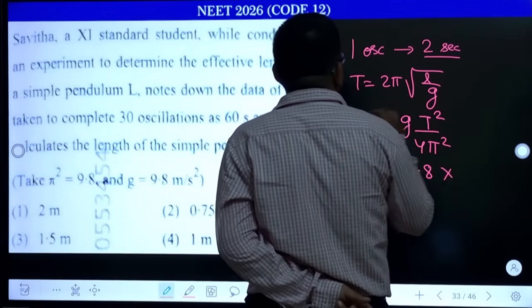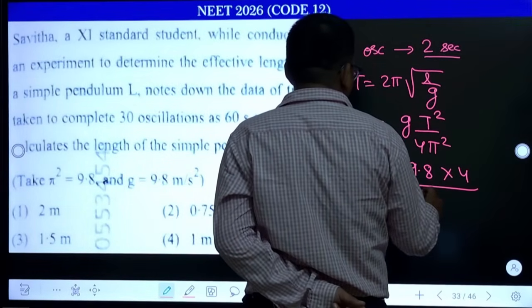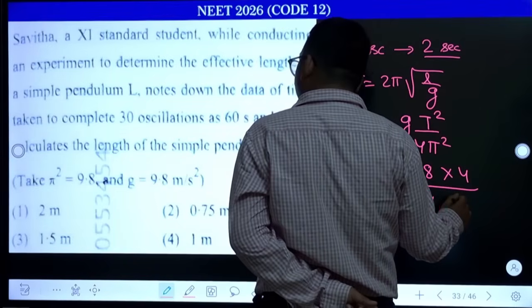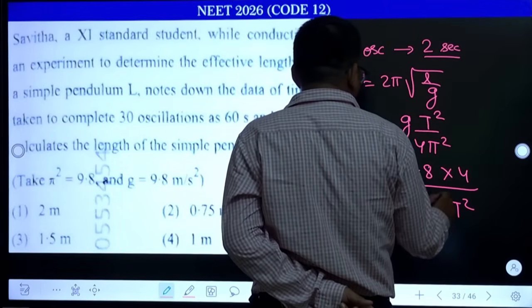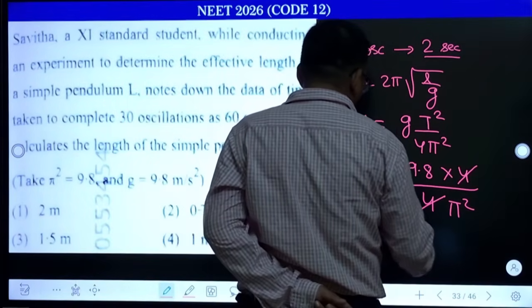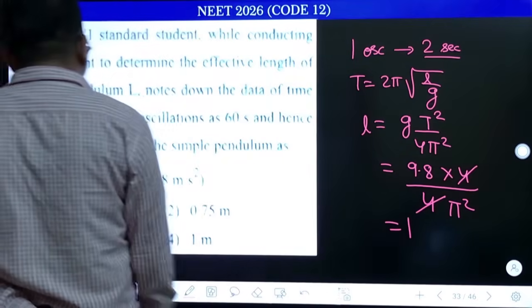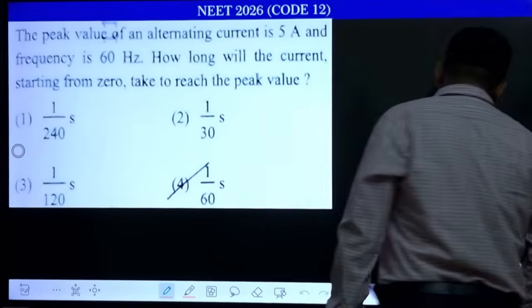T I have taken as 2 seconds. So 2 square is 4. This is 4 and pi square. So anyway, this 4 cancels, and they are saying pi square is also the same as g, so that will become 1. So this is the answer. Not much calculation, right? Let us move next.